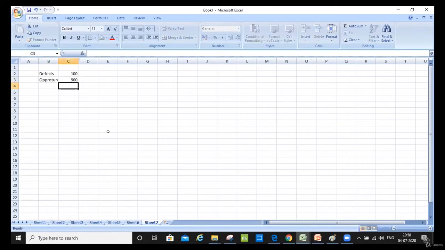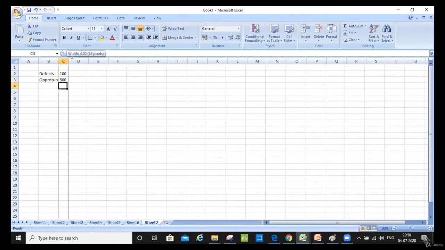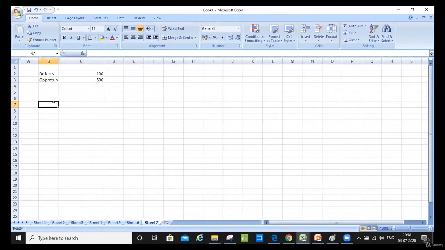So out of 500 there are 100 defects. So how to calculate DPO? Very simple. It is defects divided by opportunity. So my DPO is equal to 0.2.